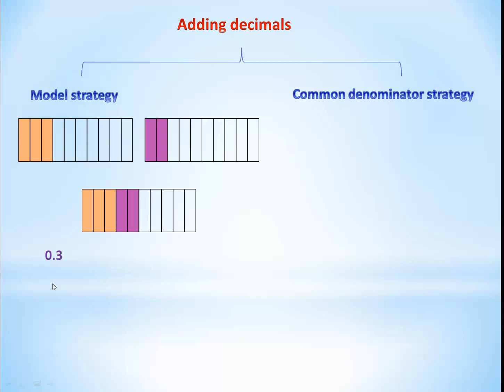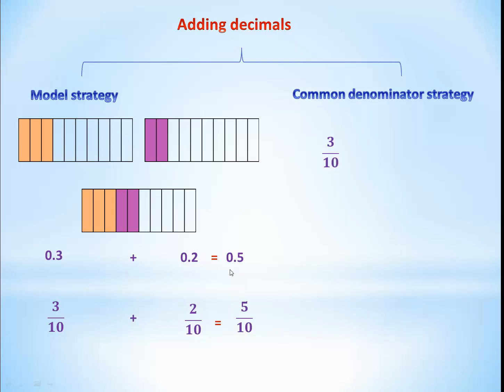So 0.3 plus 0.2 means 0.5. How can we get that? We add tenths plus tenths, which is 5, and put the decimal point, and 0 plus 0 equals 0.